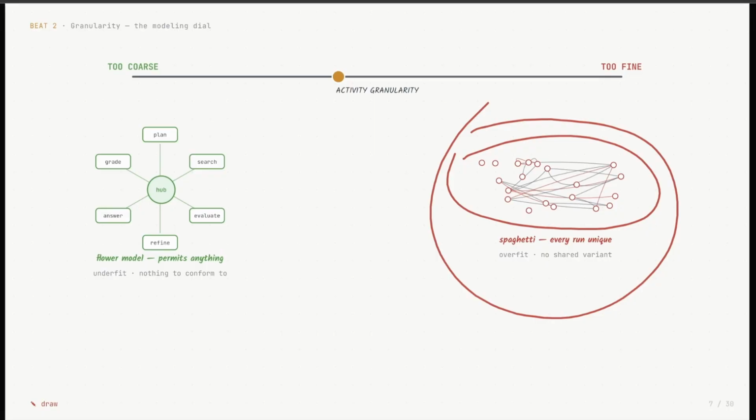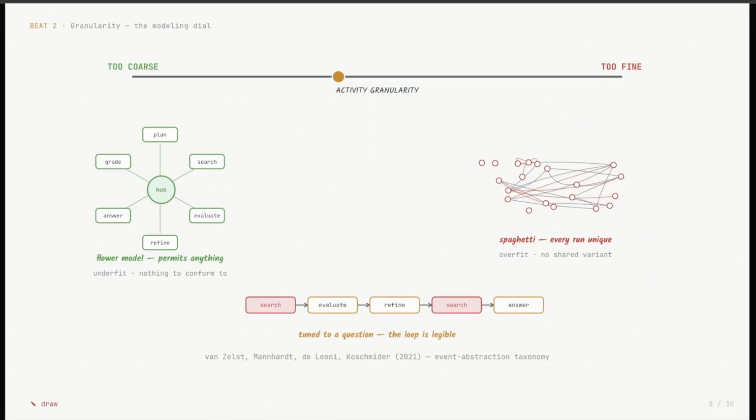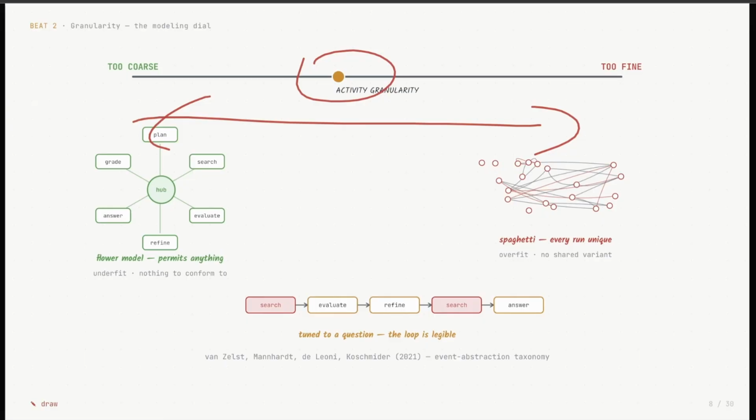It's not readable. You can't analyze this. The skill here for an engineer is the tuning, the dial between here and here, where to put this point. At the operation level, you have search, evaluate, refine, answer, and the refinement loop is legible without shattering into noise.